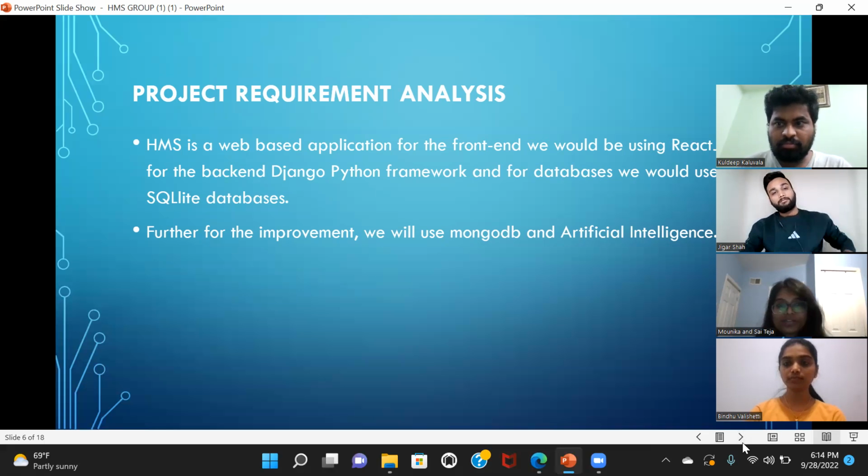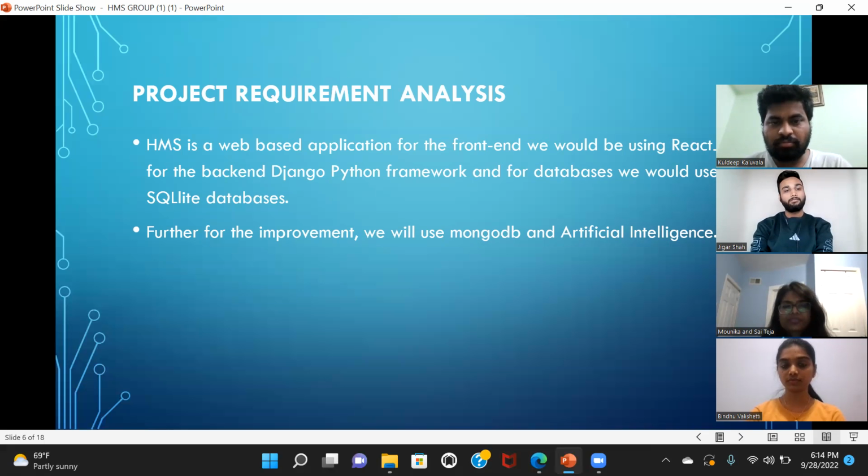Hi, so the project requirement analysis. The hospital management system is a web-based application. In the front end, we are using React.js. For the back end, we are using the Django Python framework. And for the databases, we are going to use SQL-like databases.